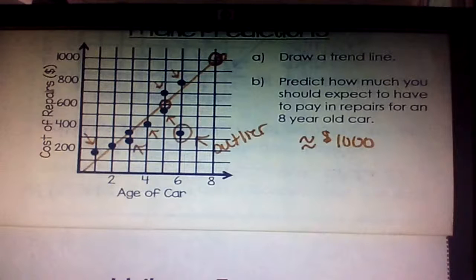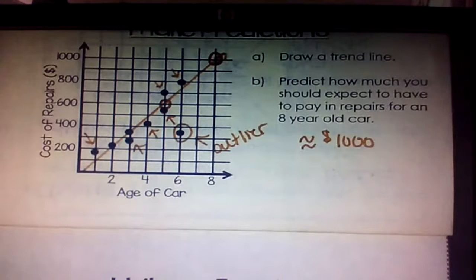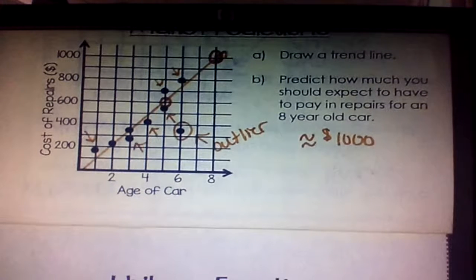What about 40 and 550? No. Let's use my line just for purposes that everybody's is going to match then. So let's do 5 and 600. What's another point that my line crosses?